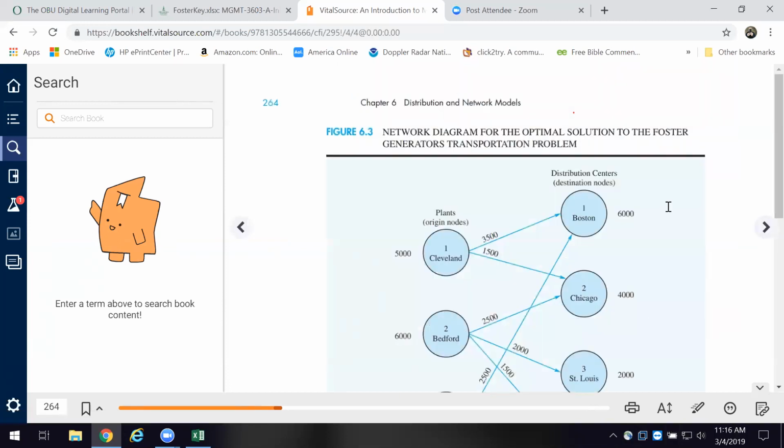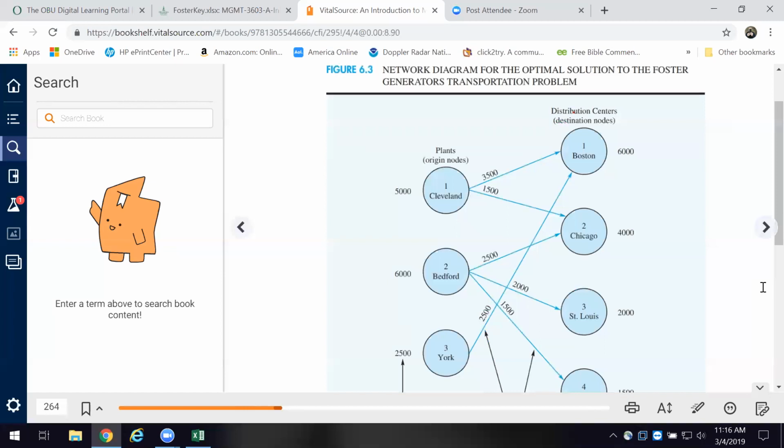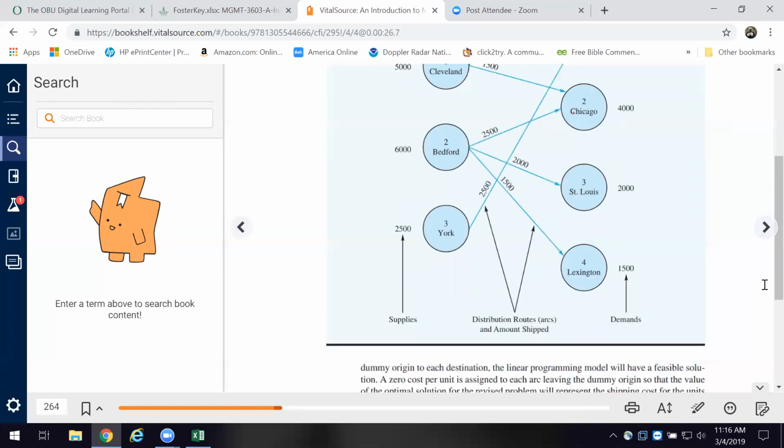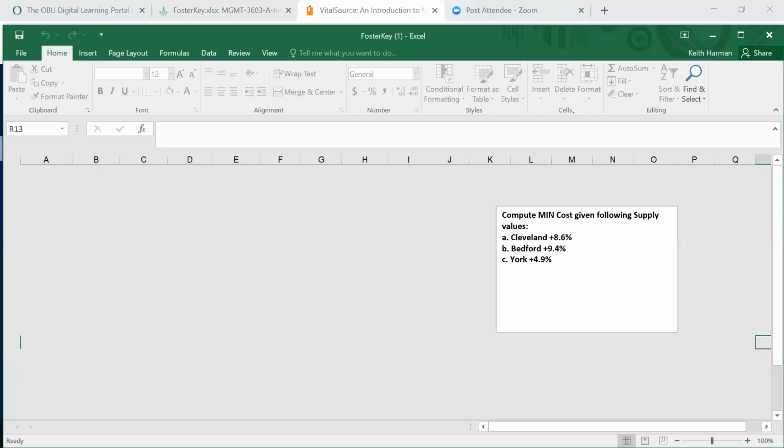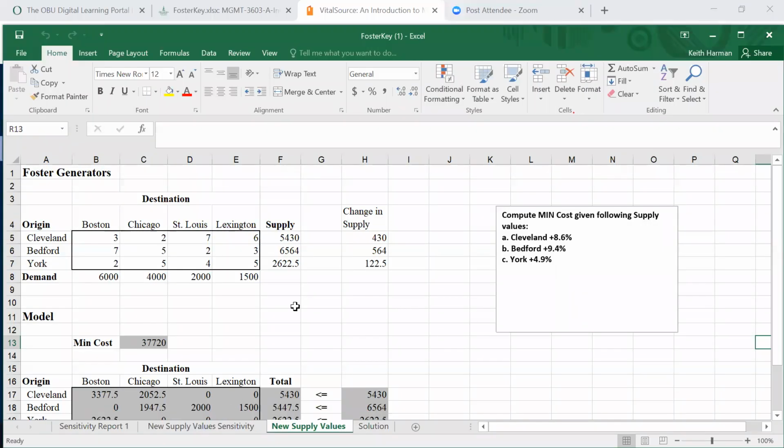Well, they show us the network diagram for the optimal solution. And again, they give us a few more caveats. Let's go and take a look at this. What I said is, let's go ahead and compute the minimum cost. So it's a cost minimization problem with the following supply values.